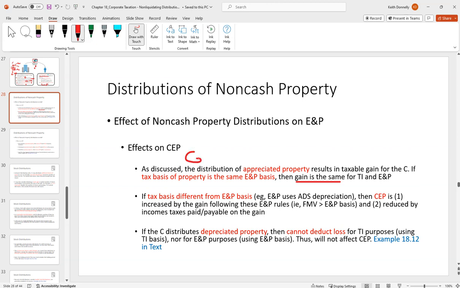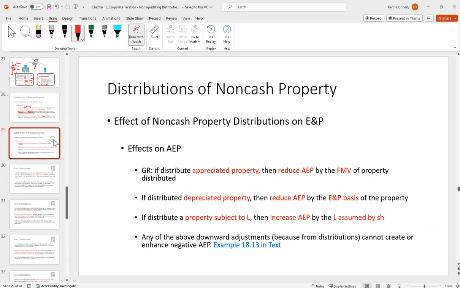You can assume this will be the case on the exam. However, do be aware that there can be a difference in the E&P basis and the tax basis. In that case, you're going to need to make an adjustment. And we said, regardless, you're not going to be able to deduct any losses for tax or E&P. But you can look at 1812 there to see how that shakes out.